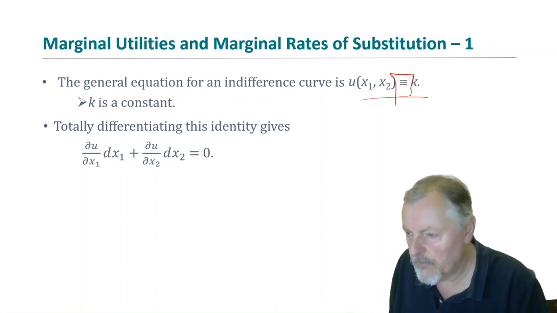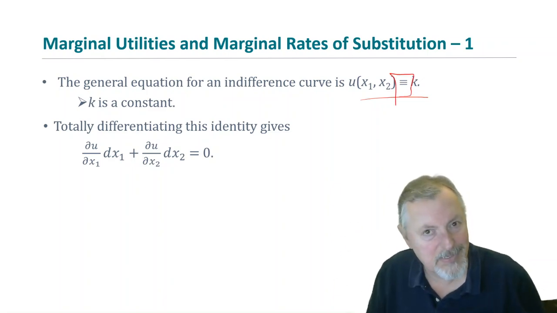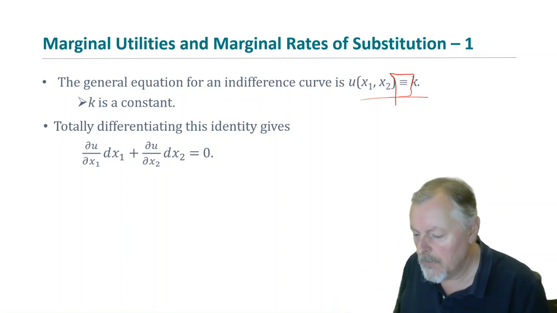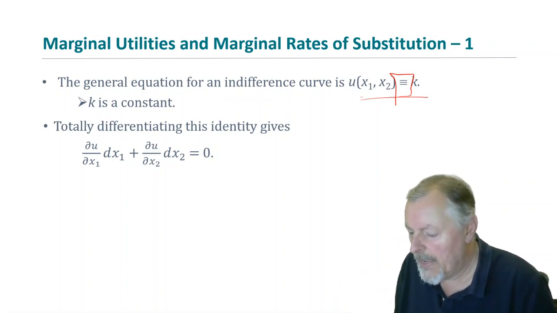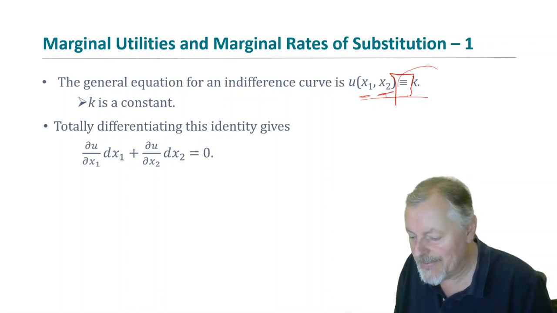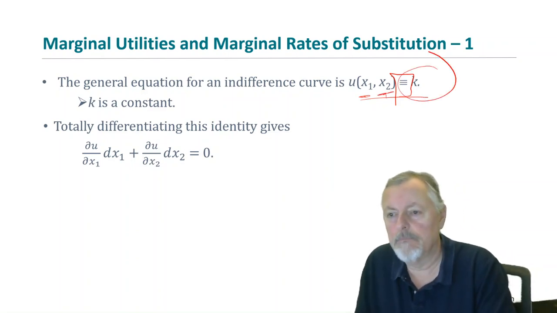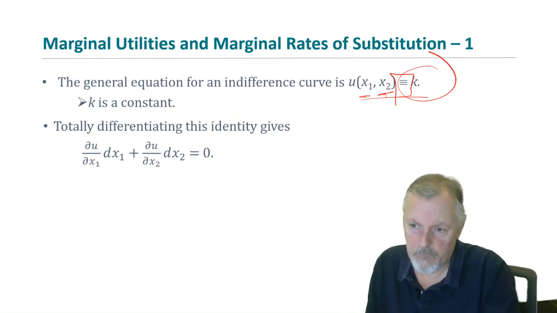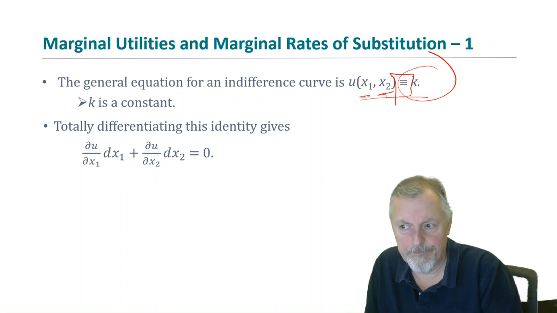Notice there are 3 little cross bits instead of 2. That means it's a definition. So any quantity of x1 and x2 that gives you exactly k utility has to be on the same indifference curve.